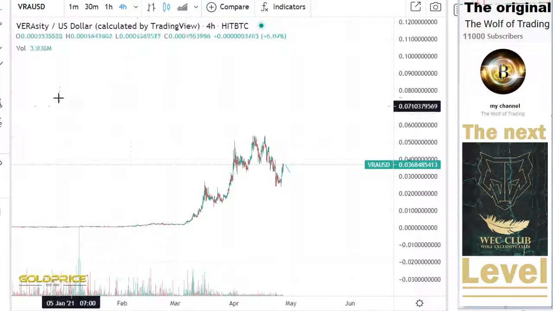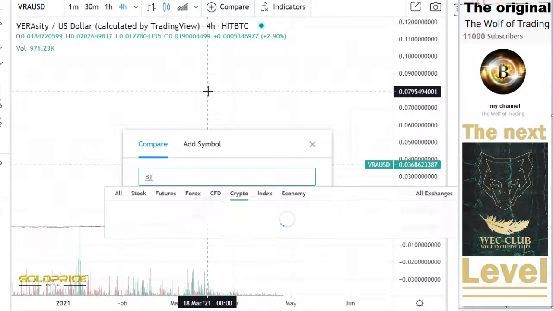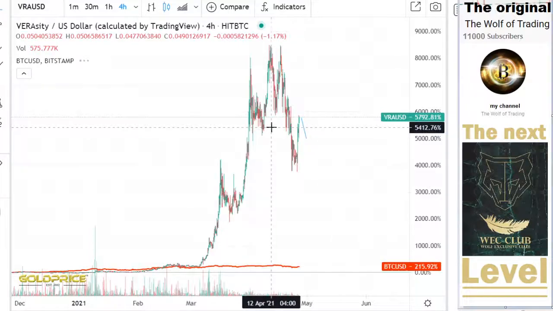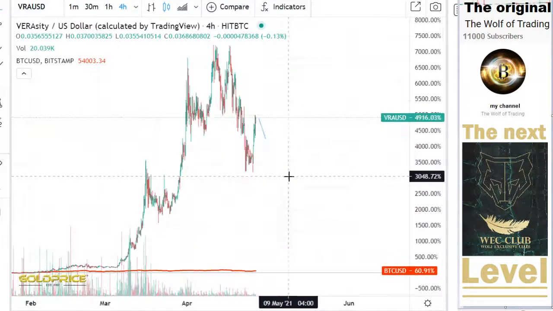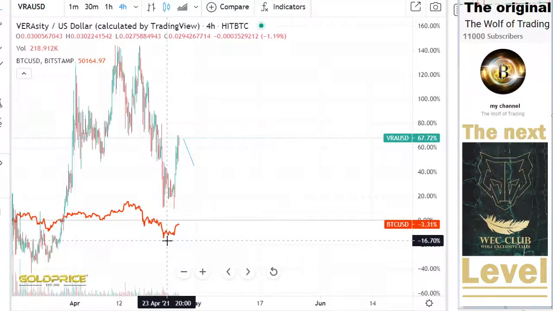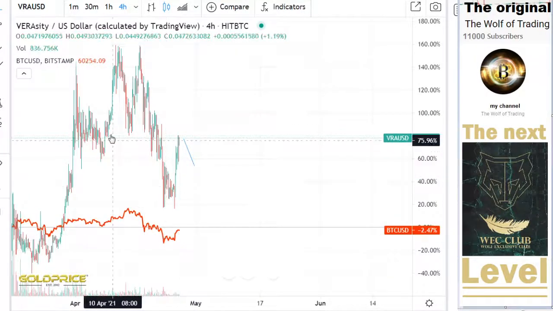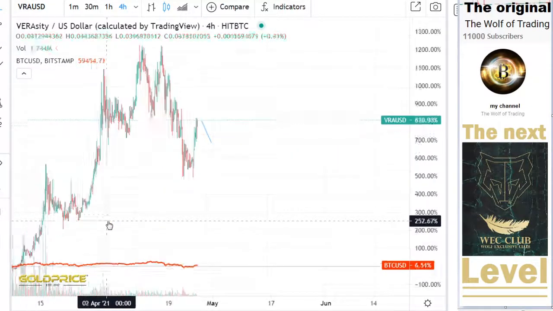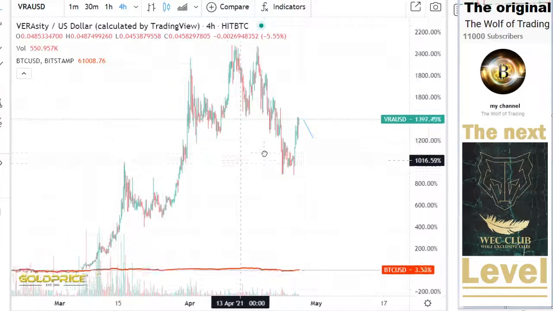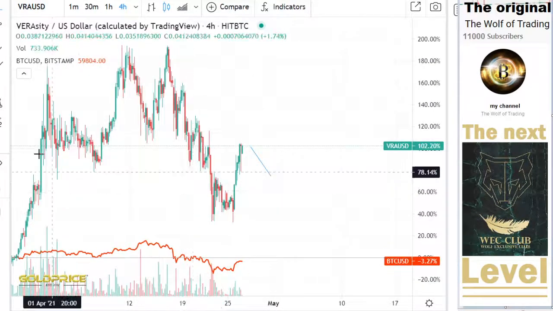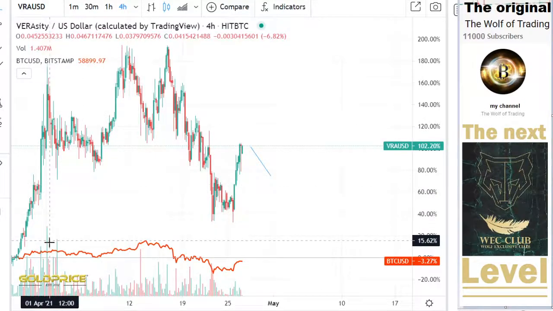Now we have to look at which performance this crypto has. I will compare this with Bitcoin. Let's see if we can see something. This is too much for Bitcoin to see anything, but we can look at the other chart.